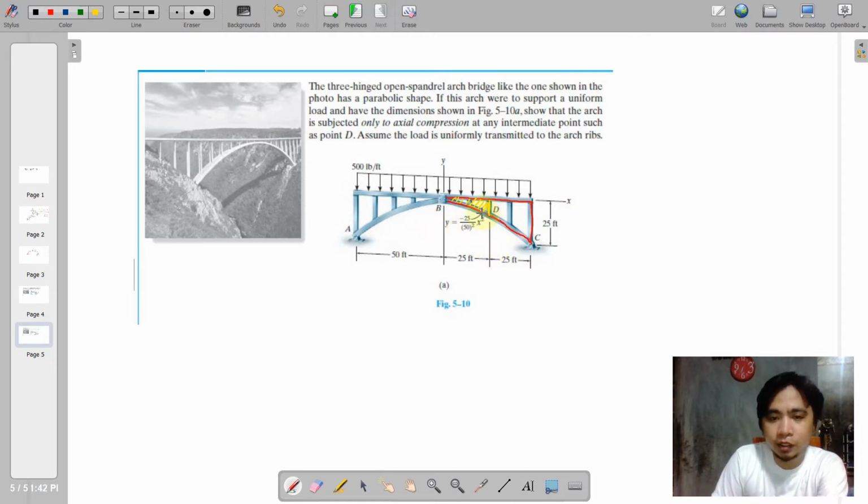That is why this equation was derived here. So how was that? We'll just have to ratio the y to the y of the smaller spandrel, and the x to x of the larger to the smaller spandrel.